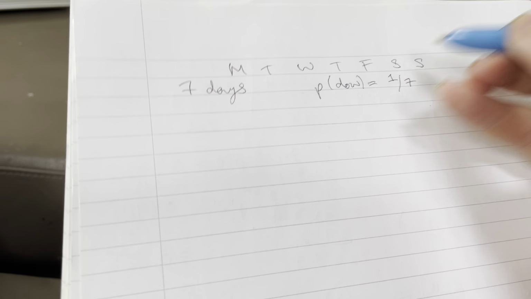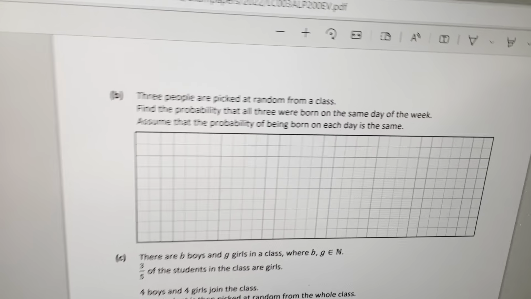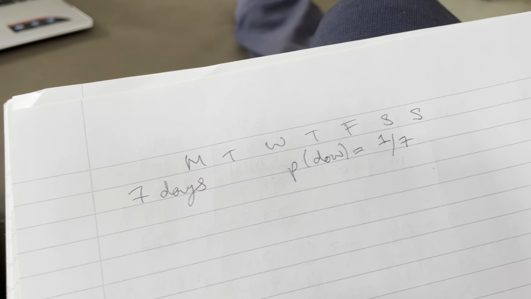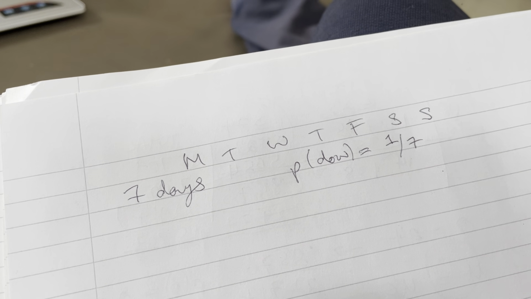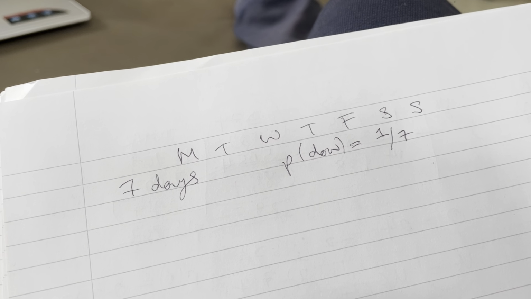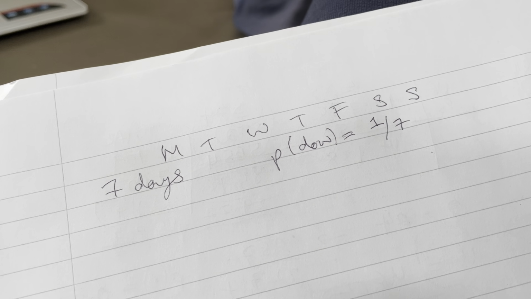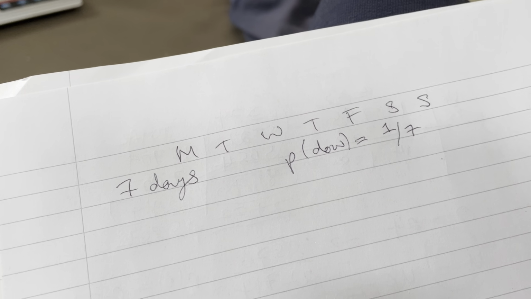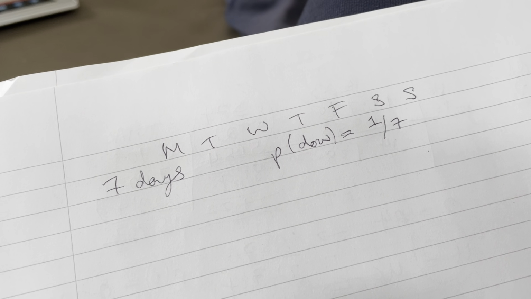You're told to assume the probability of being born on each day is the same, and that probably is true. I'd be shocked if there's a particular day in the week that most people are born on. Can't remember which one I was, but I think it was a Friday. Okay, probability of a day in the week is a 7th.